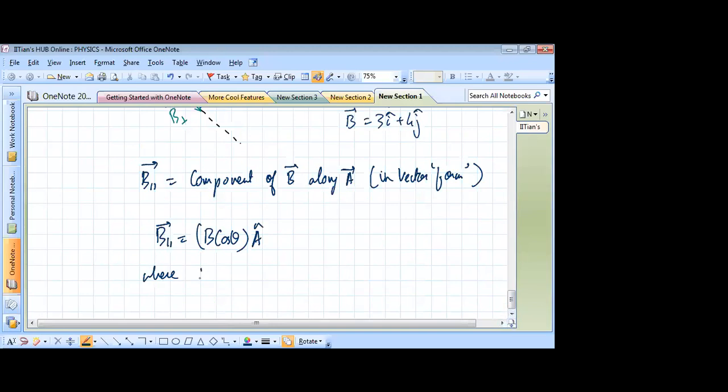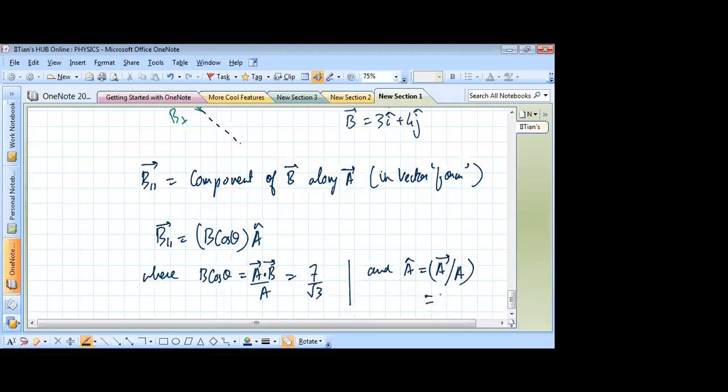Okay. So here B cos theta is A dot B divided by mod A this time. Okay. So again from here A dot B you will see is 7 and mod A was root 3. So B cos theta is 7 by root 3. Okay. And A cap is nothing but the unit vector of A. So that is nothing but A divided by its own magnitude. Okay.